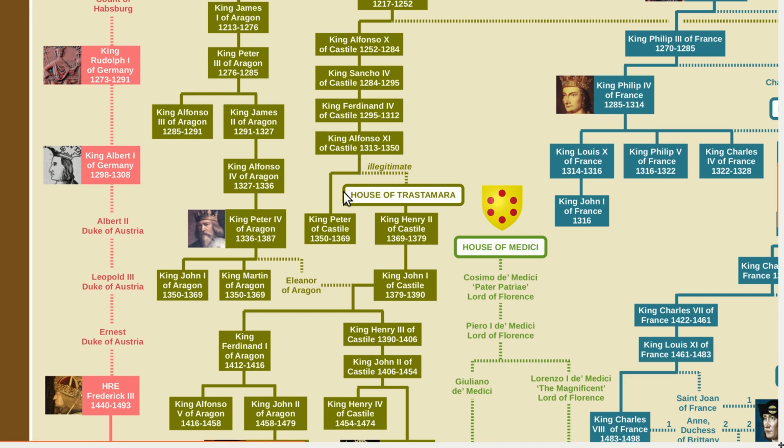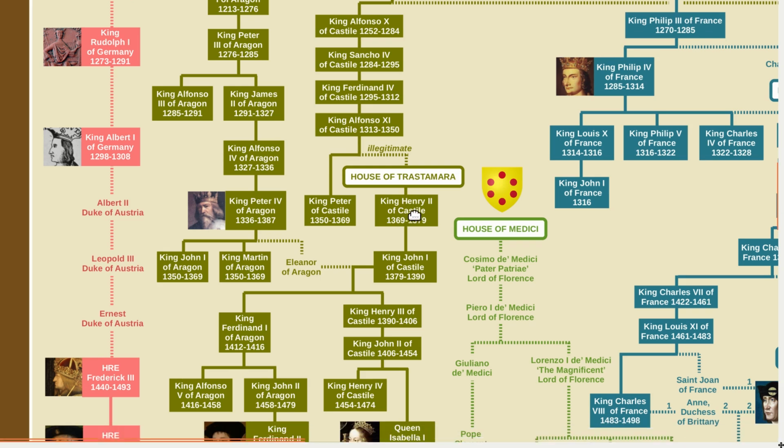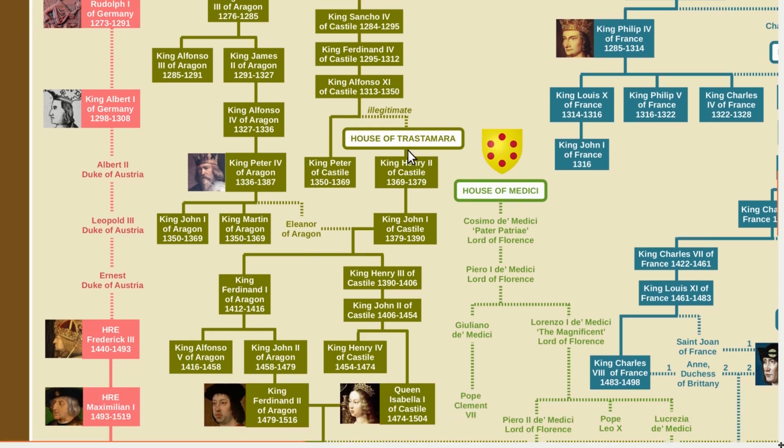So there was a male son who was not the son of the queen, but after the last male heir dies without any other male heirs, the throne then passes to this illegitimate son, and we get a new house, the House of Trastamara. And we can see then that the House of Trastamara rules in Castile.